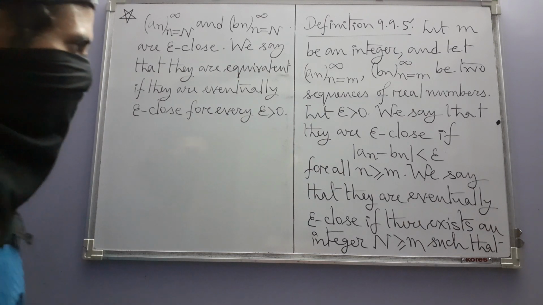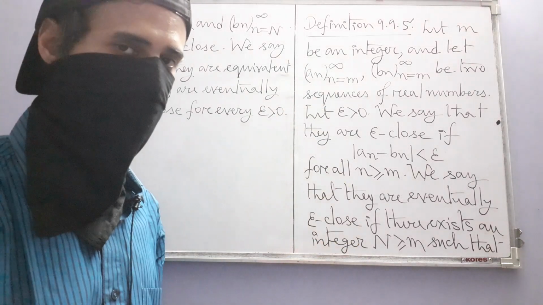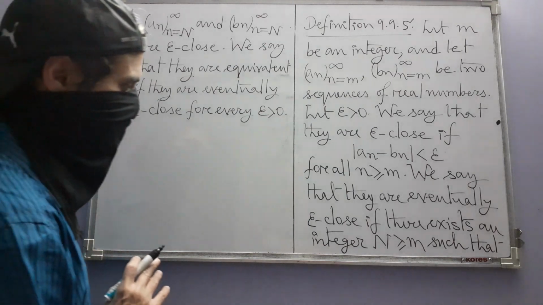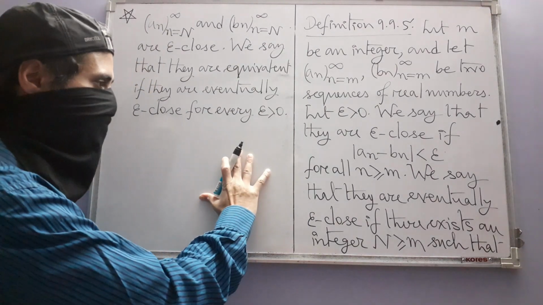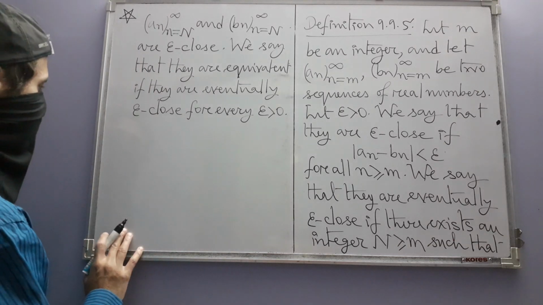Now if we combine all these things, I am not discussing this again, because we have seen this kind of thing before. If we combine all these things and write the condition for equivalence of two sequences at once, then this is how it's going to look.